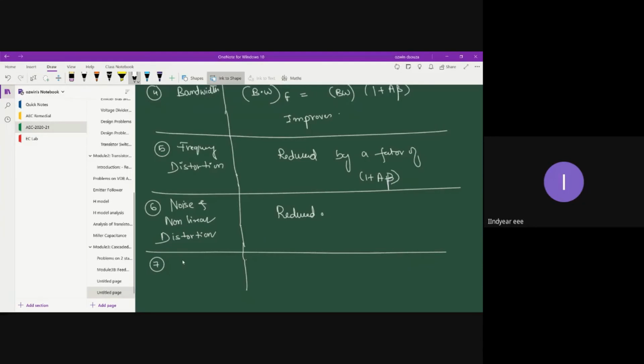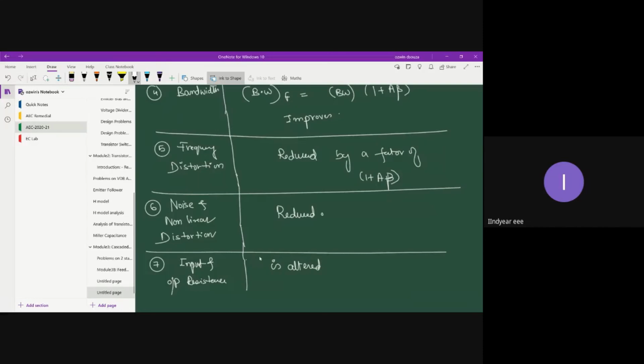And then finally you have the input and output resistances. Basically the input and output resistances are altered. I cannot say improved, or increased or decreased, because voltage series amplifiers will have an increasing effect, and current shunt amplifiers will have a decreasing effect.